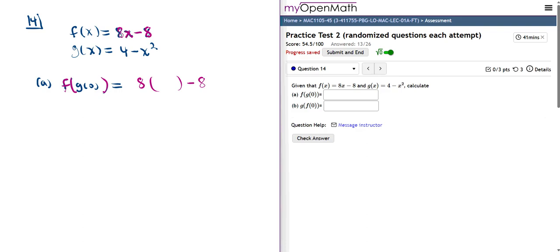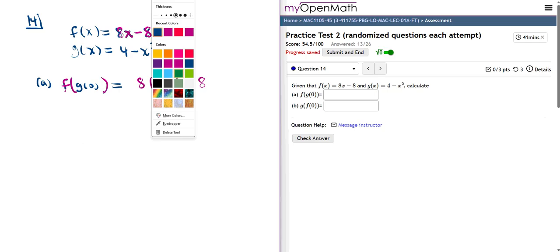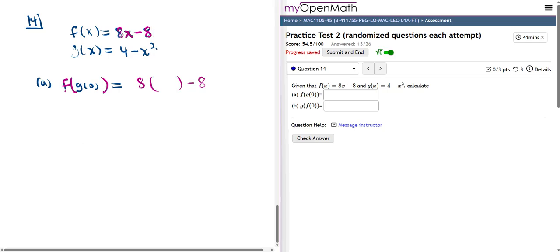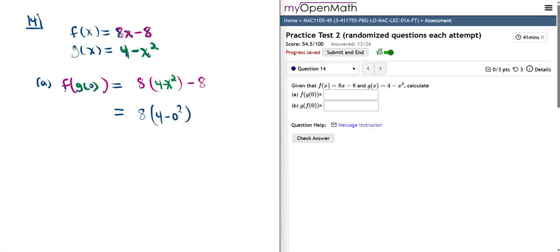Then I'm going to take the g part and put that inside. So the 4 minus x squared is going to go inside because it says g, right? And then because it says 0 instead of x, I'm going to replace it with 0. So now I'll have 8 times 4 minus 0 squared minus 8.